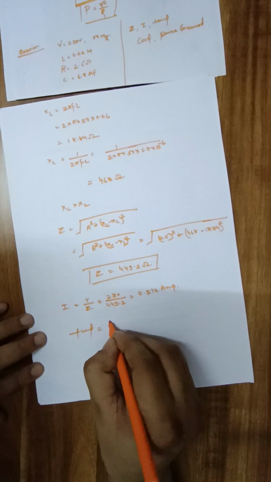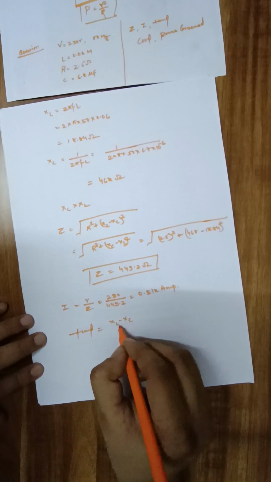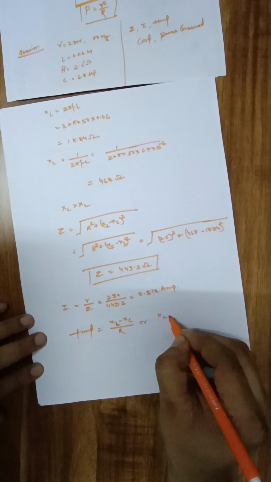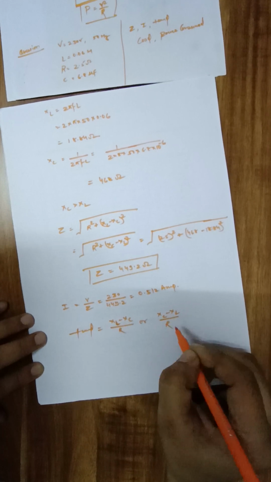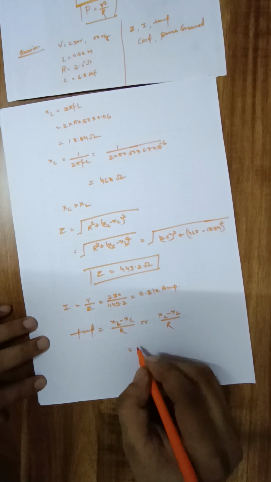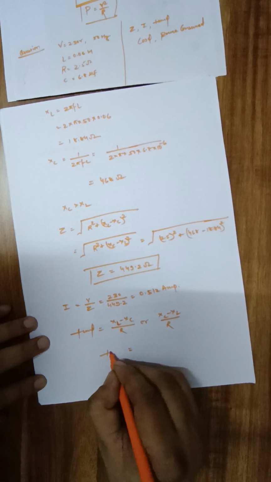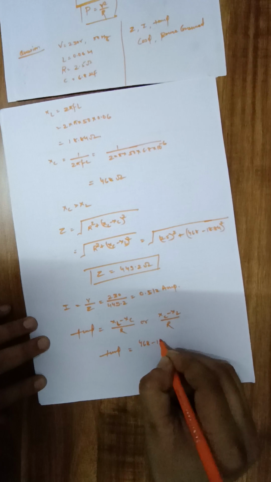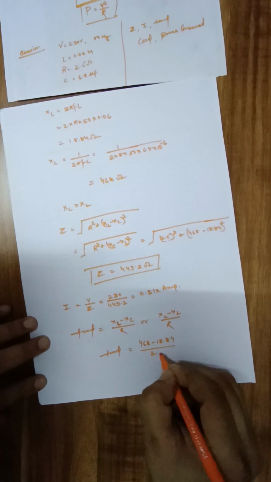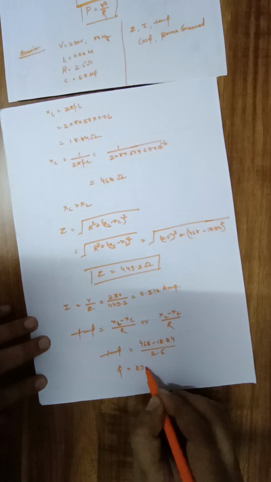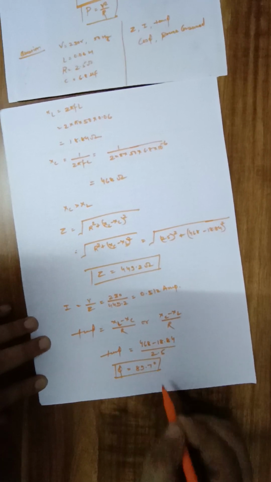Tan phi will be equal to, either you can use XL minus XC upon R, or you can use XC minus XL upon R. So it will come tan phi equal to, so phi will be equal to 89.7 degree.